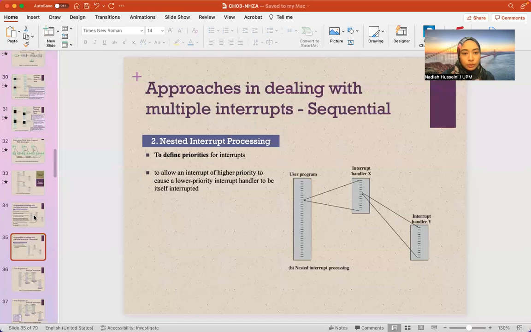So those are the two approaches for multiple interrupts. This is how the user program handles multiple interrupts. Before that, we also talked about how the user program handled single interrupts, right? So hopefully everyone has an idea of how that works.